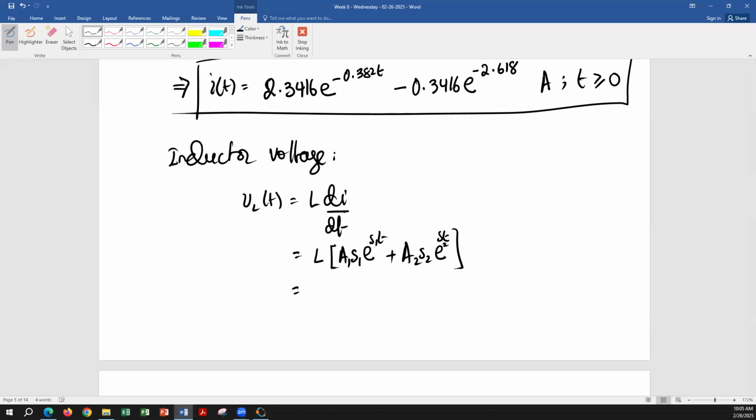Let's calculate that. The first one is L times A1 times S1. L times A1, my A1 is Q1, times S1, which is negative 1.7889 e to the power negative 0.382t.